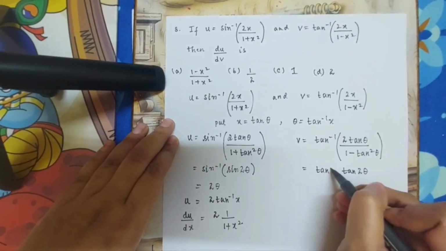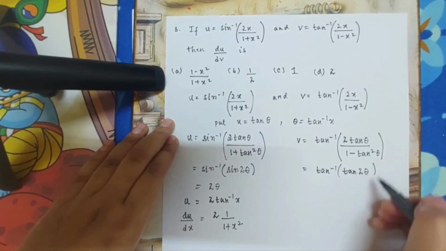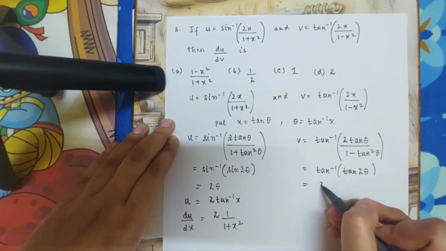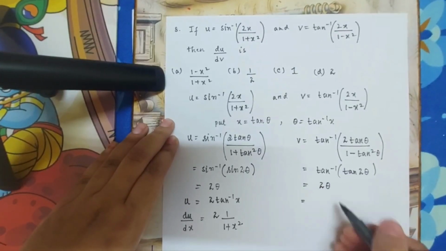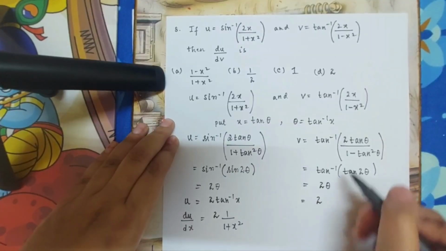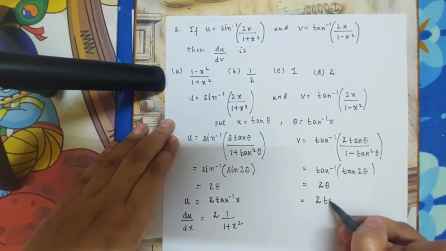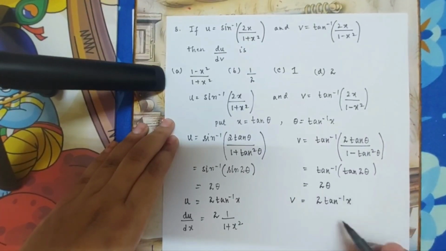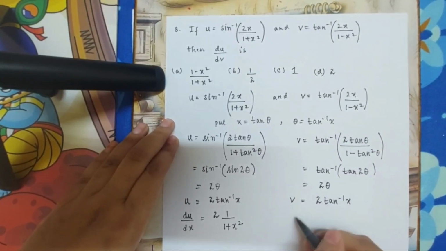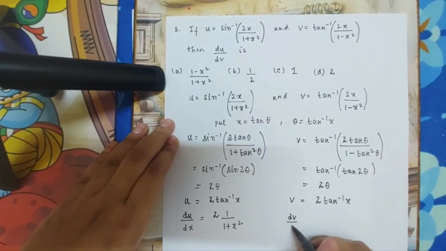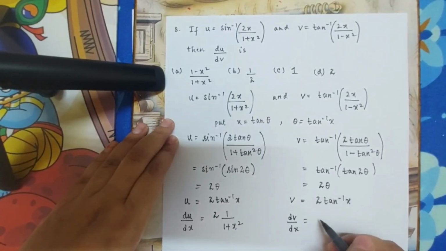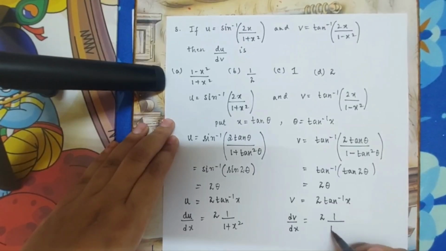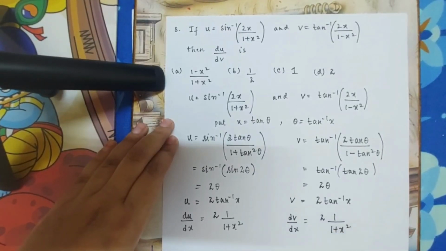So this becomes tan inverse of tan 2 theta. So tan inverse of tan 2 theta gives us 2 theta. So the value of theta can be replaced with tan inverse x. So this is our value of v. Now if we differentiate this with respect to x, we get dv by dx, that will be again equal to 2 divided by 1 plus x square, since the differential of tan inverse x is 1 by 1 plus x square.